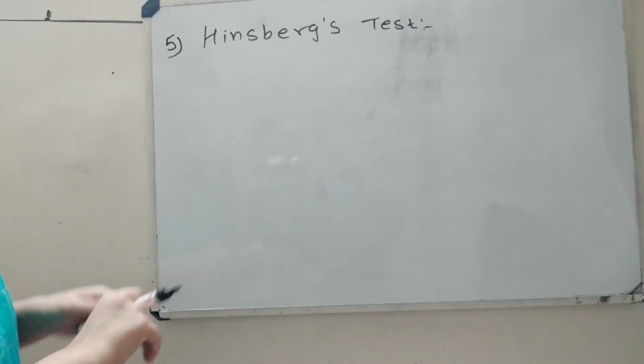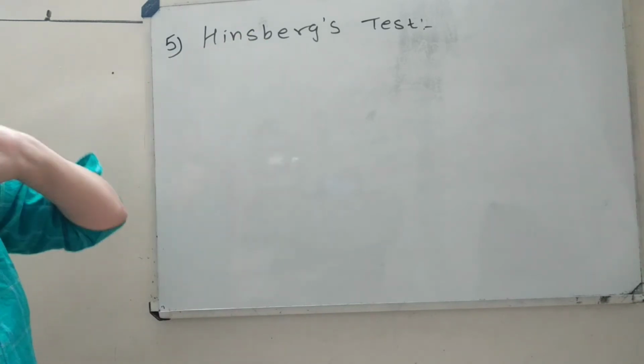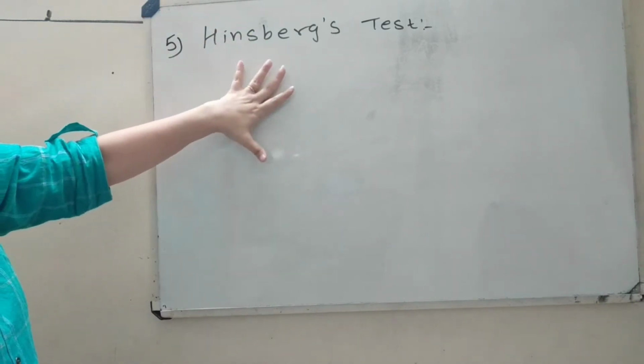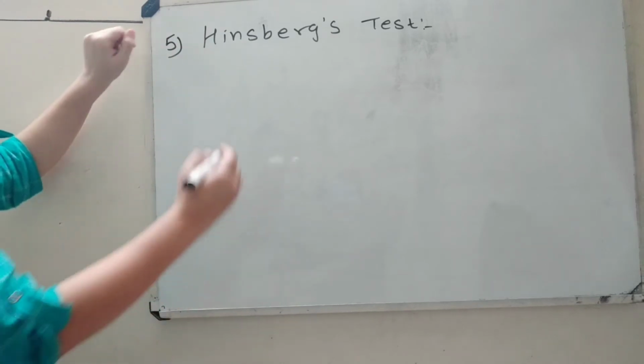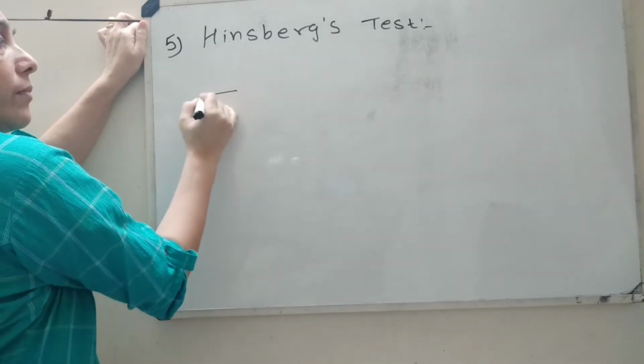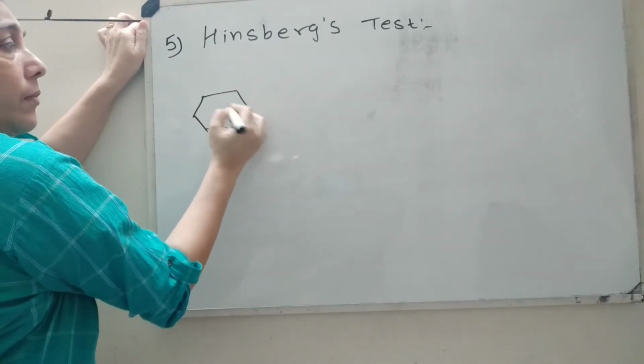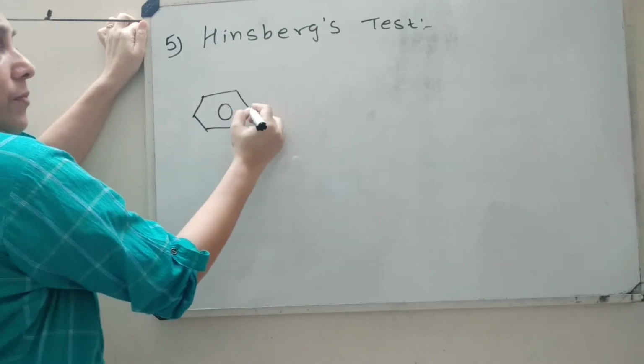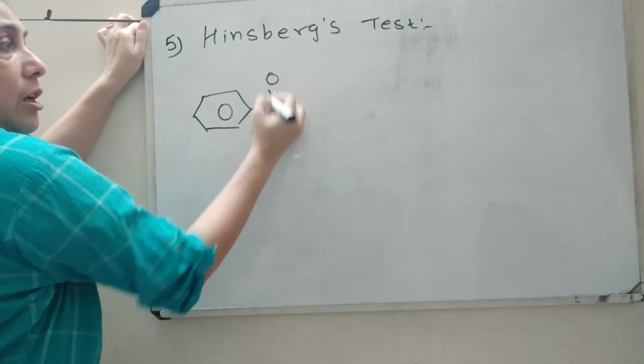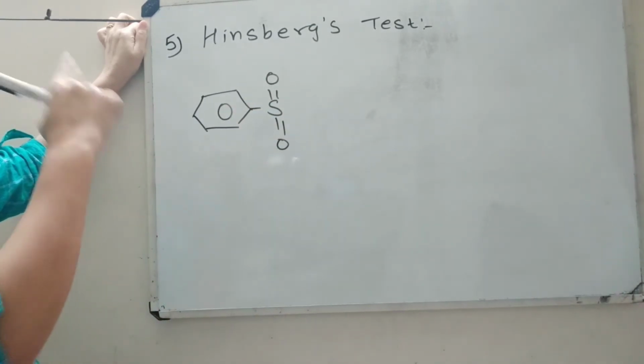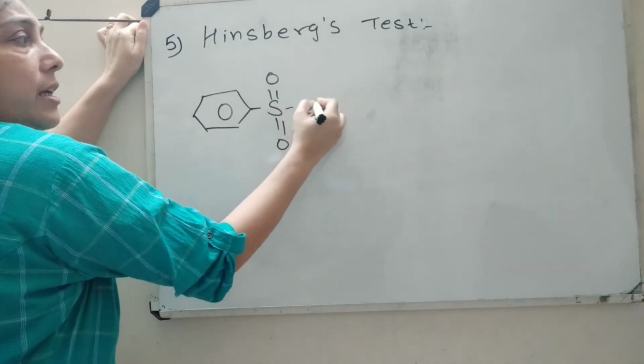After the fourth reaction, the fifth one is the Hinsberg test. For this test, we have to use benzene sulfonyl, SO2 and the Cl.